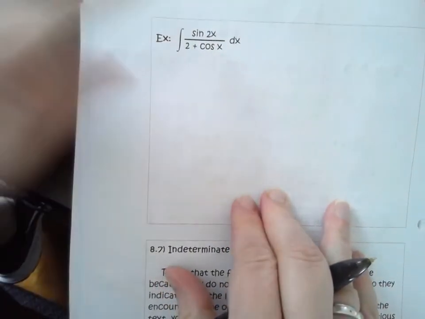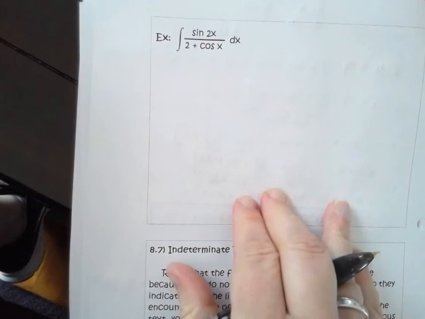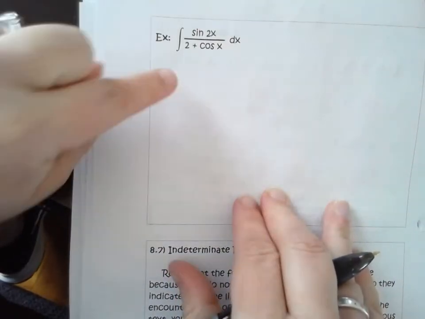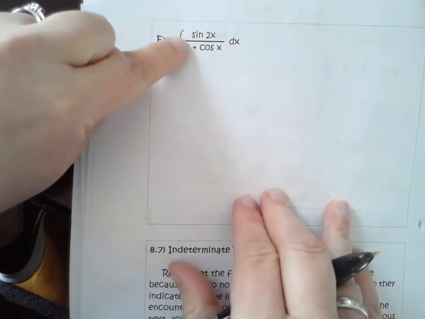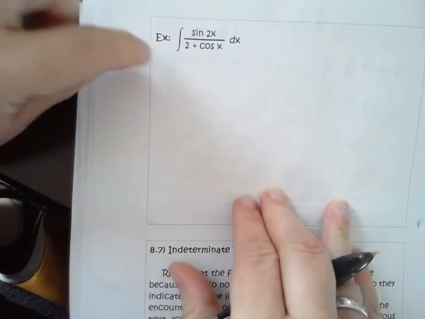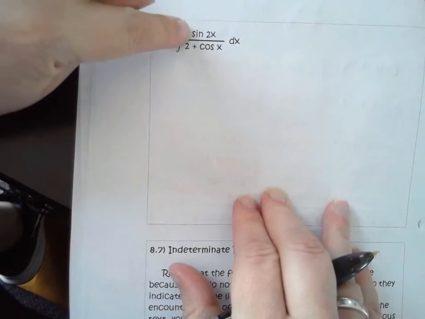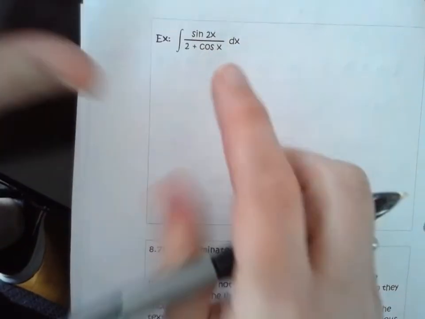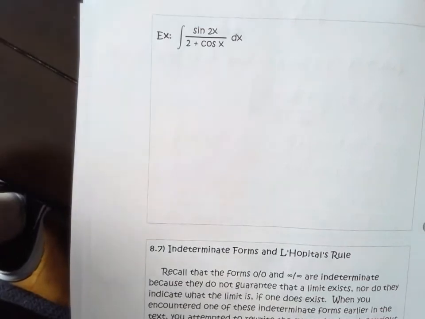If I see trig, then my first thought is to go to the trig section. But if I don't see this specifically in the trig section, then I start becoming creative. Okay, if this is not trig, then is this like a u, and do I have a du, or something along those lines. So keep that in mind.